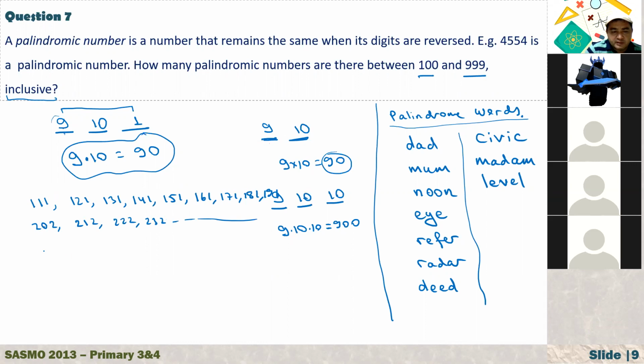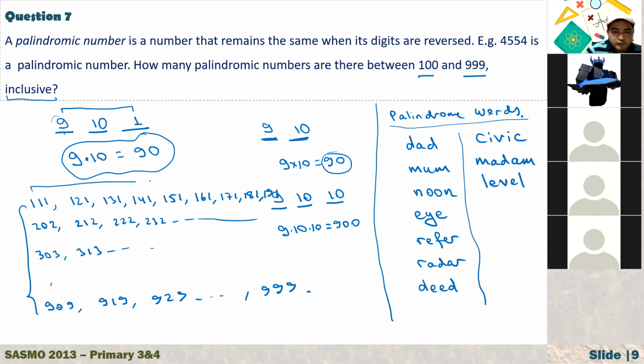These are palindromic numbers, right? Then 303, 313, 323, and so on, until 909, 919, 929, and here we have 999. And each one, again, how many do we have? 10. So altogether 9 times 10, 90, right?